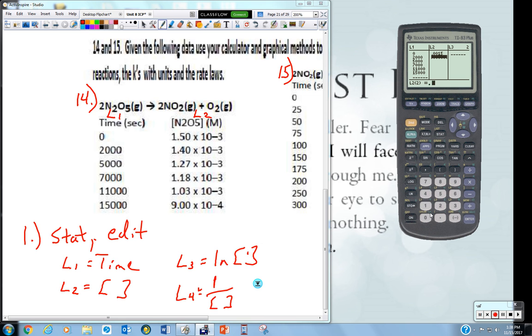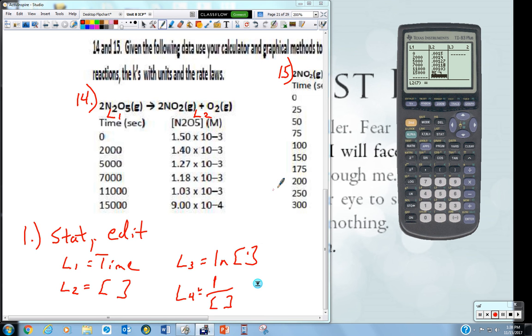So it's going to be 0.0014, 0.00127, 0.00118, 0.00103, and then the last one is to the -4, so it's 0.0009. All right. So when you get to this point, let me know.